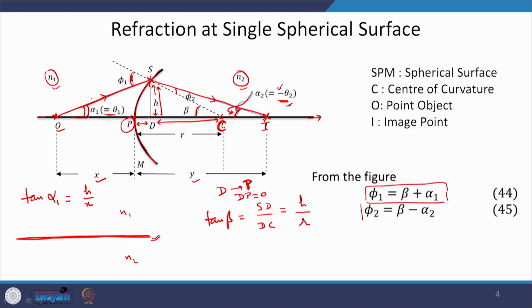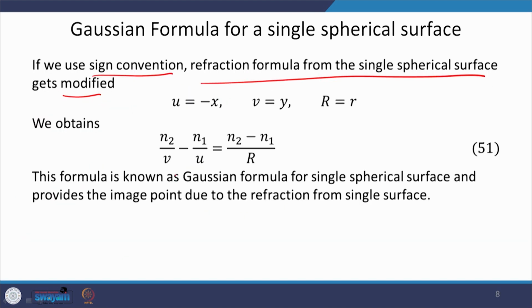Here in this figure, you see that the object is on the left hand side of P. It means x, using sign convention, would be a negative quantity, while y would be positive. Now, let us follow the sign convention and introduce a new variable u, which represents the distance of the object from the point P.